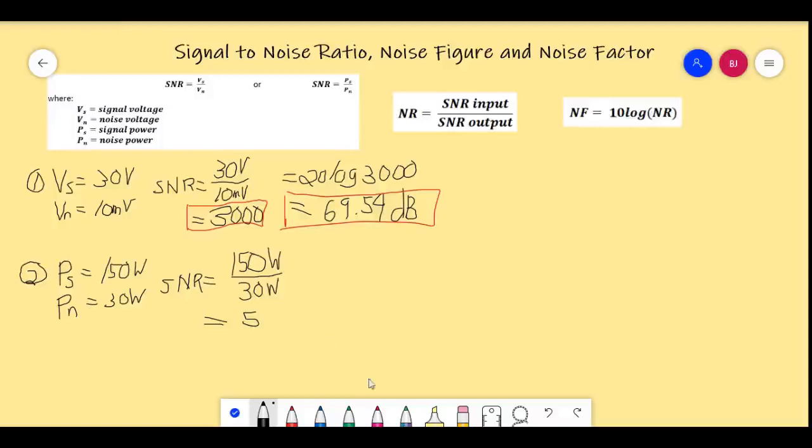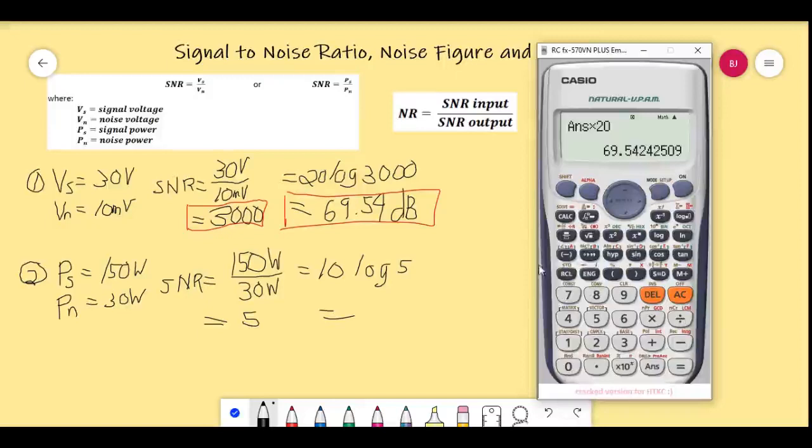Now, if you want to represent this in decibels, as it usually is done, we have 10 logarithm of this one, which is 5. Oops, I made a mistake. Let's do that again. Logarithm of 5 multiplied by 10, 6.99 or almost 7.